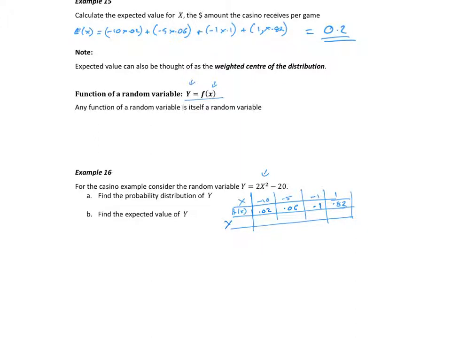So in other words, -10 squared is 100. 2 times 100 is 200 minus 20, the corresponding y variable is 180. Negative 5 squared is 25, 2 25s are 50, 50 minus 20 is 30, corresponding y variable is 30. Negative 1 squared is 1 times 2 is 2, I get negative 18, and for 1 I also get negative 18.